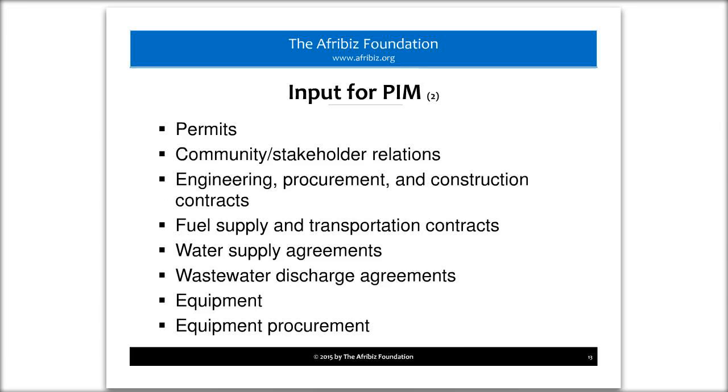Okay. So then there are permits. And again, we're going to get more into detail about what that looks like, but let me just mention some of them. Obviously you would have your site permit. You probably are going to need a building permit, water permit, wastewater permit.